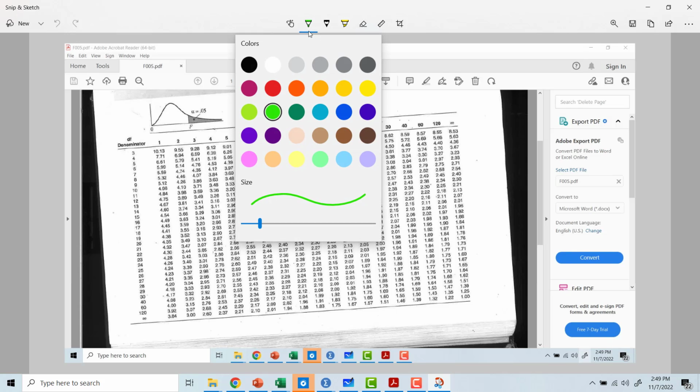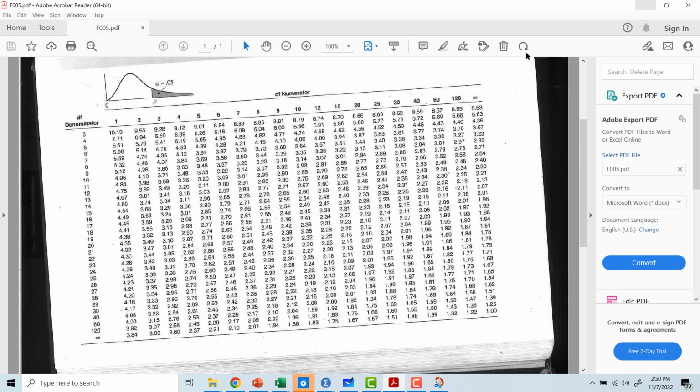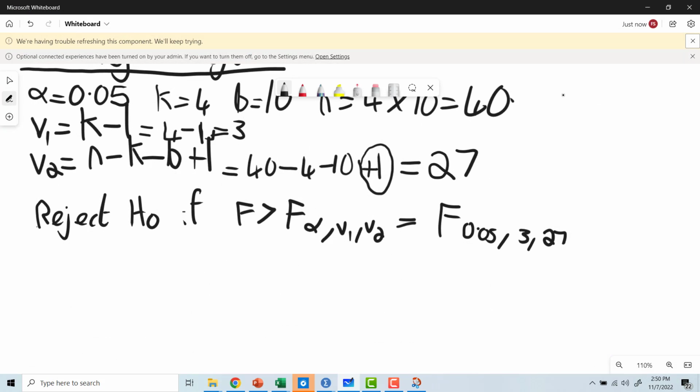I'm going to keep that there for the blocking factor. Let's get rid of the original. Okay, so that's going to be equal to 2.96.